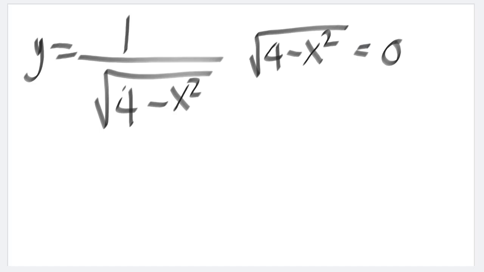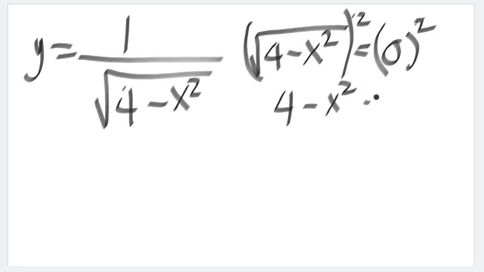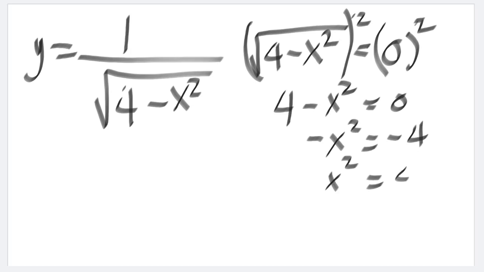So you square both sides so that you may omit the radical sign. So this would be 4 minus x squared equals 0. Transpose 4 to the right. Negative x squared is equal to negative 4. Multiply both sides of the equation by negative 1, so x squared is equal to 4. Then extract the root of both sides of the equation.